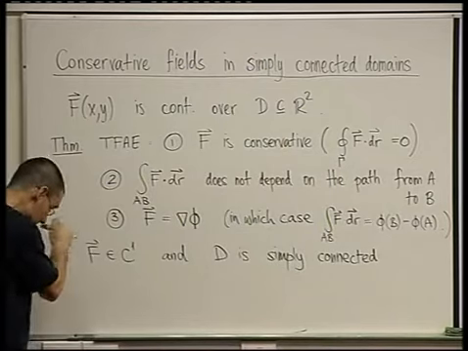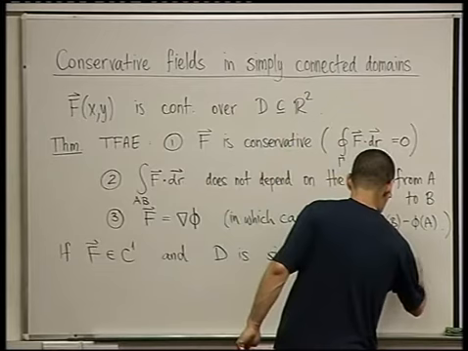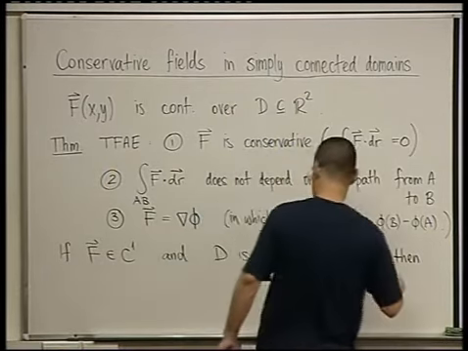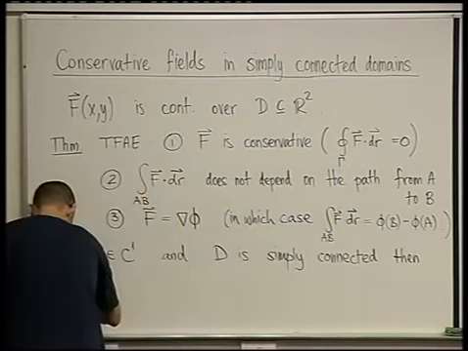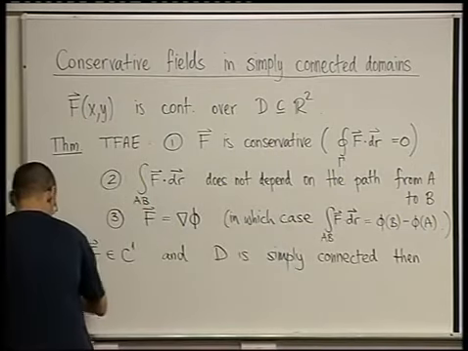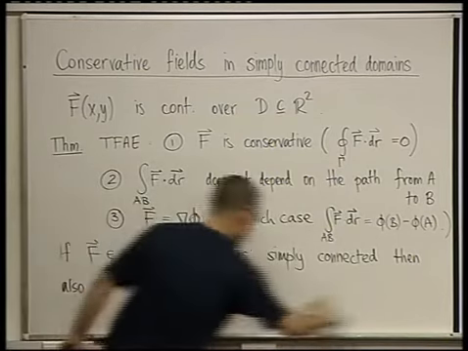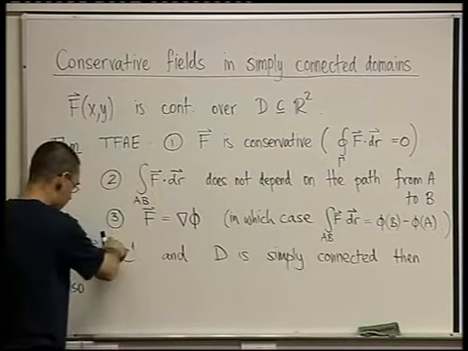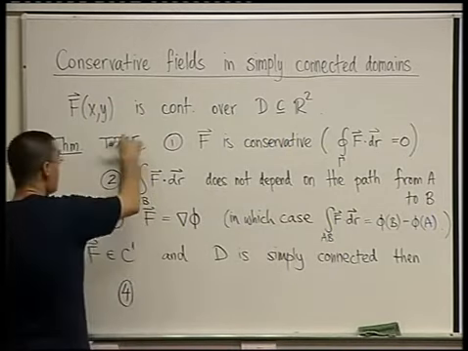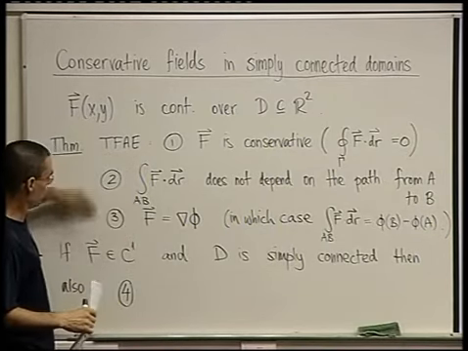If F is C1 and D is simply connected, then also, by also I mean that these three properties are equivalent to a fourth property. Remember, by saying they are equivalent, I mean that each one implies the other.